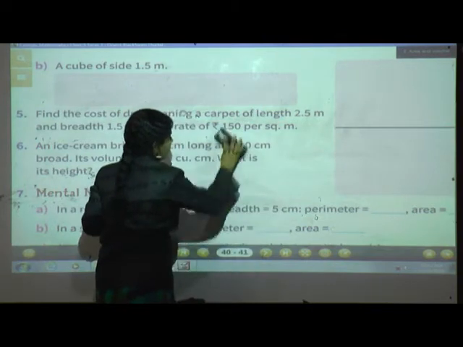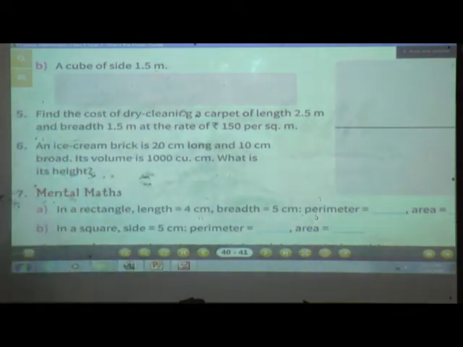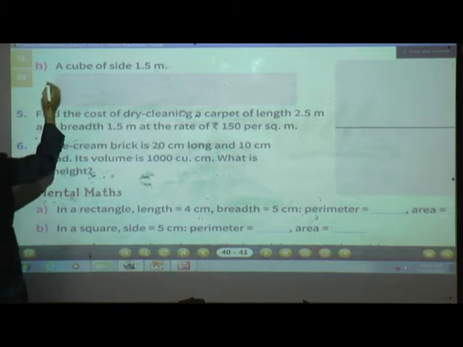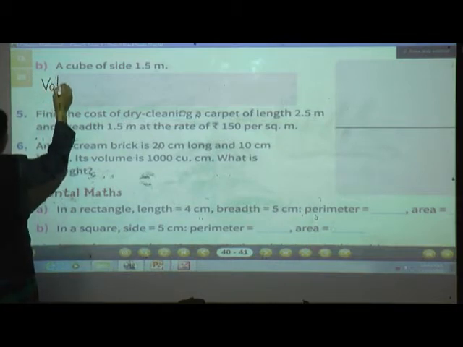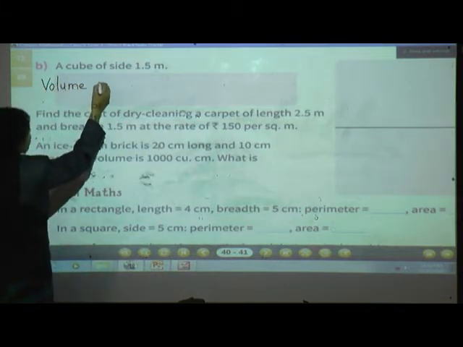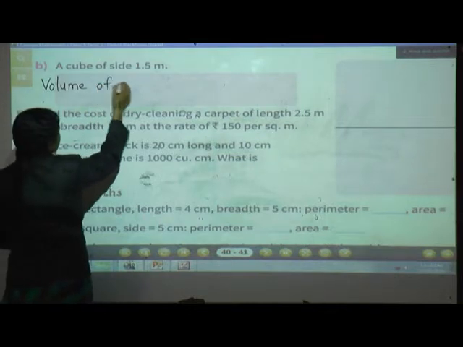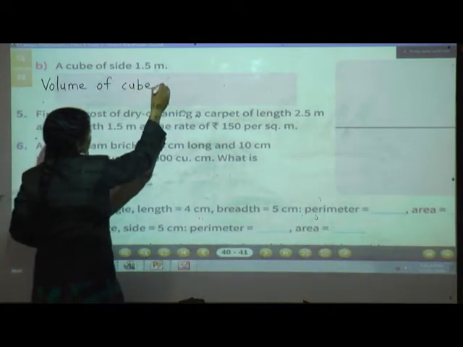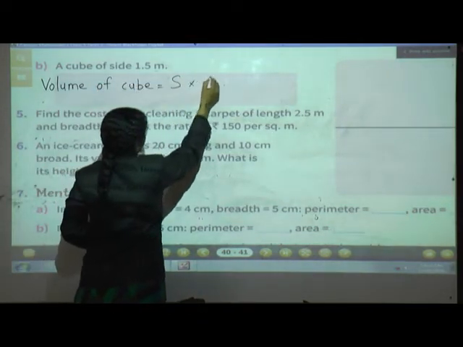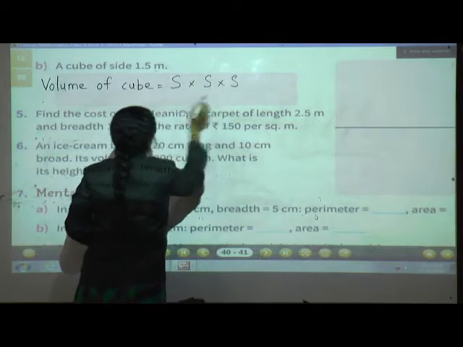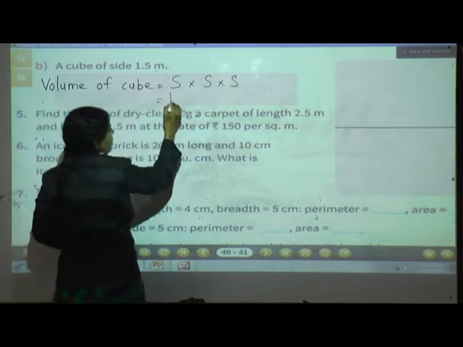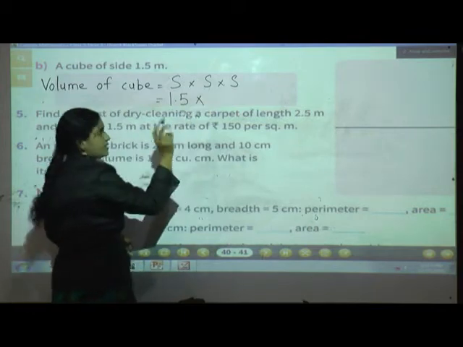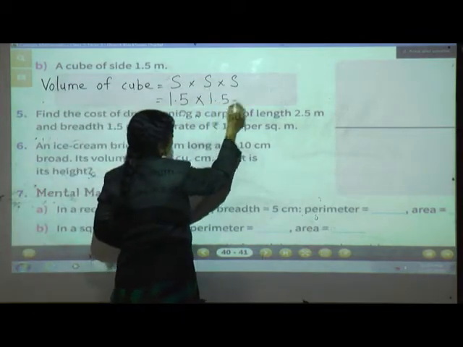So what is the formula of the volume of a cube? Here, students, volume of a cube is equal to side into side into side. That means S into S into S. So multiply 1.5 how many times? 3 times. Okay.